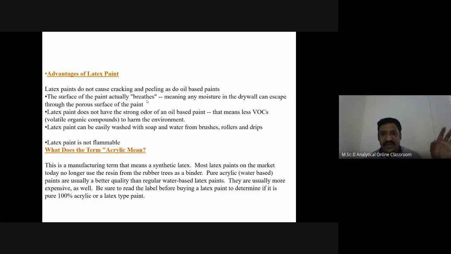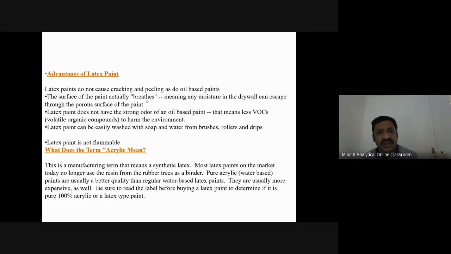The air in the dry wall goes out, and then cracking is there. But due to the porous nature of latex paint, such a thing does not happen when you apply it. Because of what? Because of its porous surface.